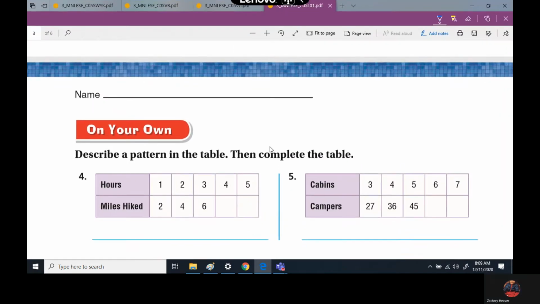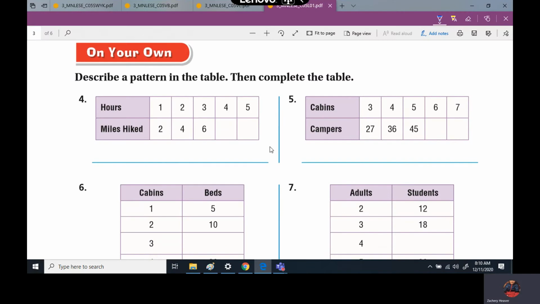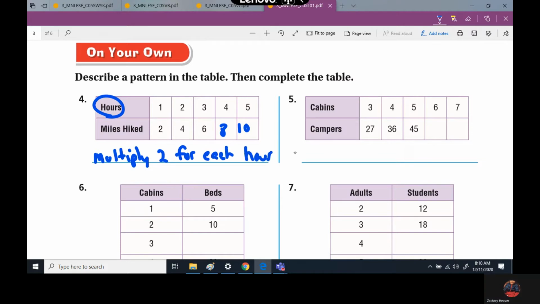All right, so this one just describe the pattern. 2, 4, 6, 8, 10. So we're multiplying by 2s for each hour, okay? This is 27, 36, 45. We have to find the relation between 3 and 27.